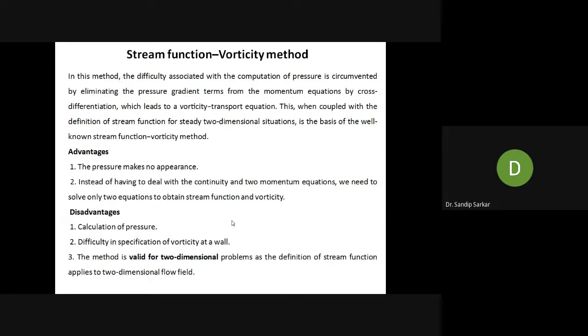Now you may ask what we will do if we want to solve a three-dimensional problem. That approach is called the primitive variable approach, which I will discuss in later stages of this course, and how we can apply it for three-dimensional problems.